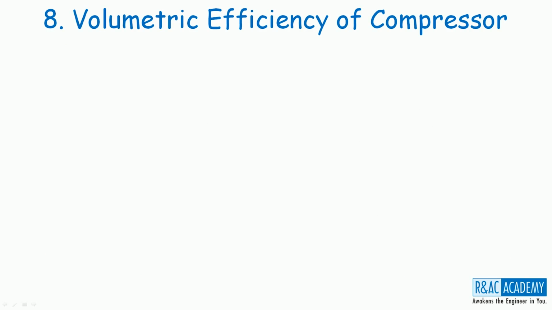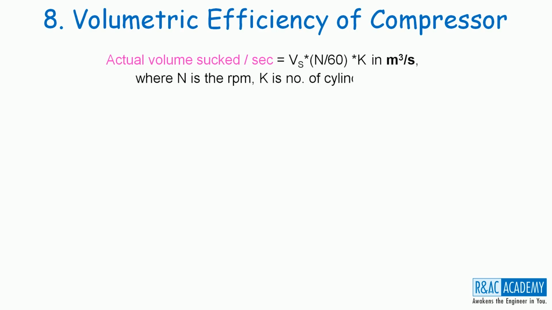We saw that Vs is the actual volume of the refrigerant vapor sucked into the cylinder. Then the actual volume of the vapor sucked into the cylinder per second is equal to Vs into n by 60 into K, expressed in meter cube per second, where n is the RPM and K is the number of cylinders.